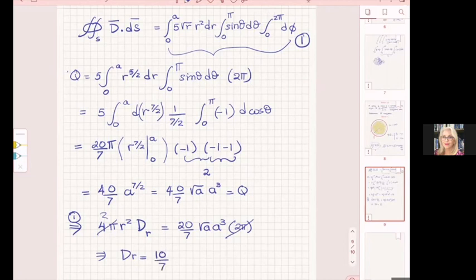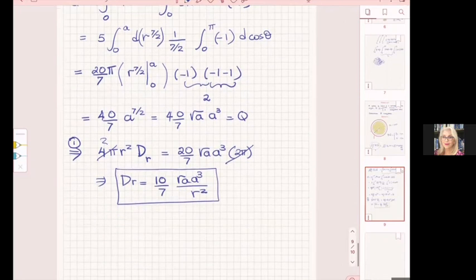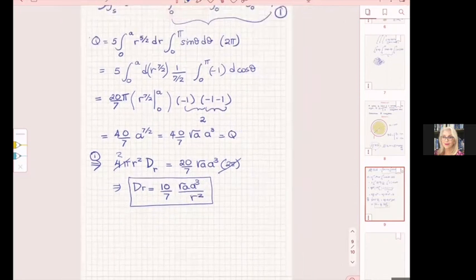And then what do I have? Am I correct here? That's what I got. So assuming that the calculations that I've done are correct, what you find is that your D has only the D sub R component and is given by this.